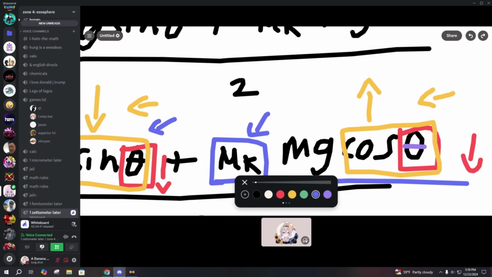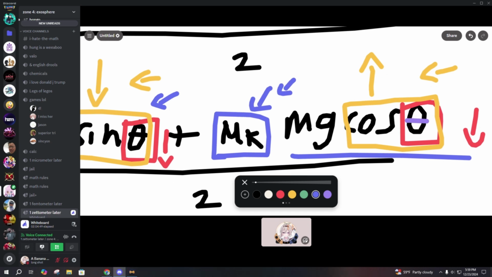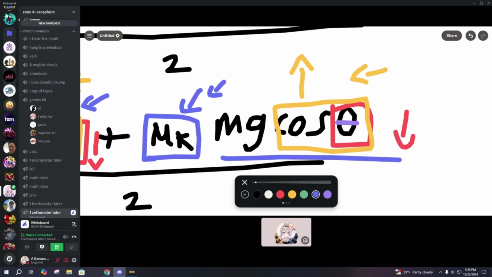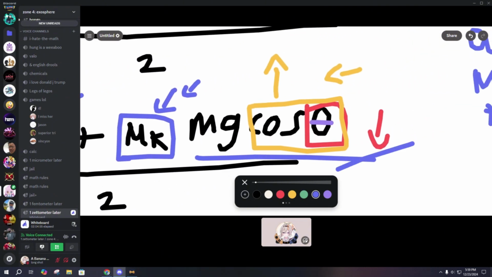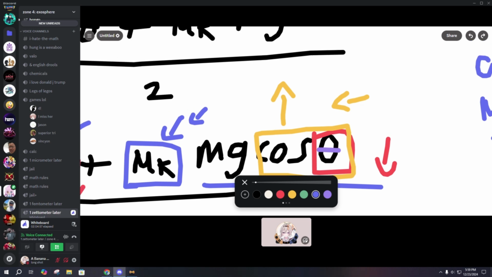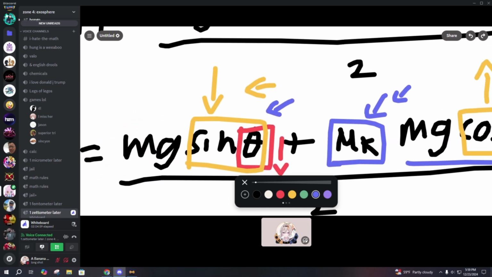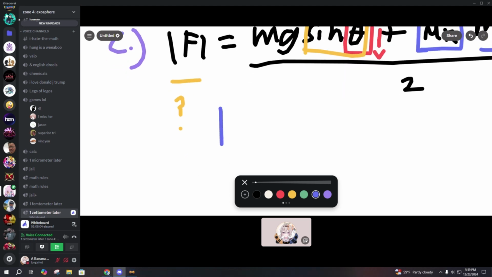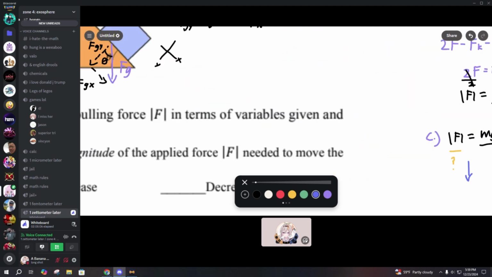That means mu k is simply going to make this part of the expression increase a little bit less because it's a fraction. So it's going to be increasing a little smaller than the rate it's decreasing, right? So if it's decreasing more, then ultimately decreasing takes priority, and I can say that the applied force I need will decrease.